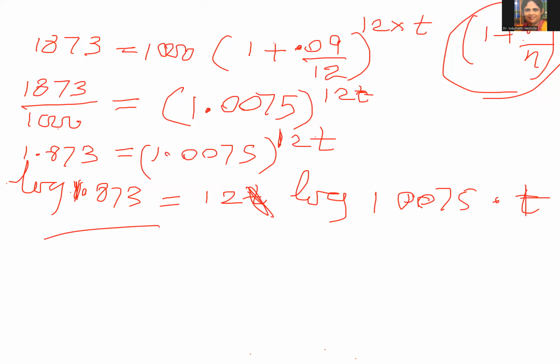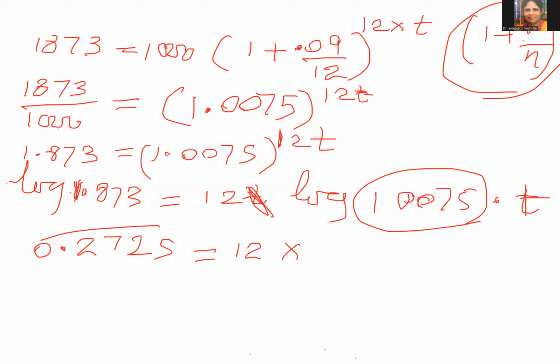So when I take the log value of 1.873 from my calculator, the value is 0.2725. Right? So here 12 is the same, and the log value of 1.0075 equals, sorry, 0.0032... 0.3894 times t.